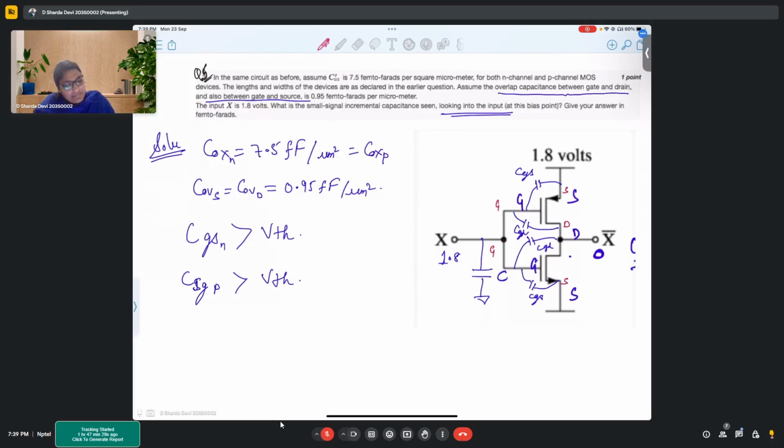For the PMOS, the gate and source potential are equal. So VGS is 0. If VGS is 0, that means this particular transistor, that is PMOS, is off, whereas your NMOS is on. Correct? So when your PMOS is off, see the capacitances.